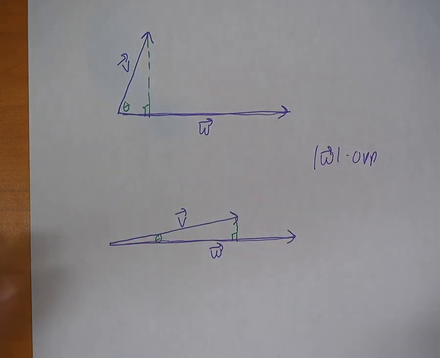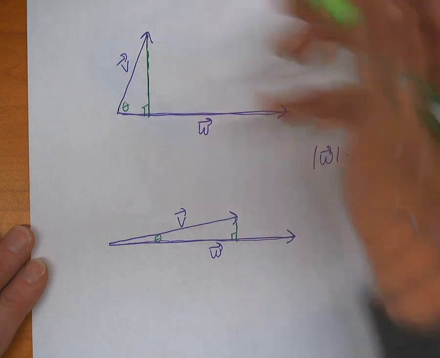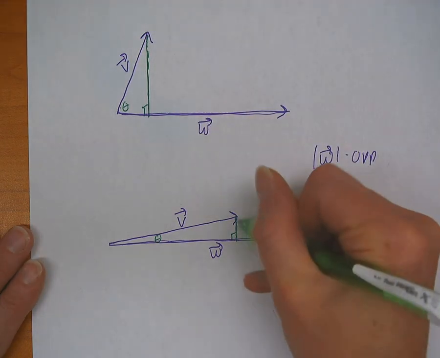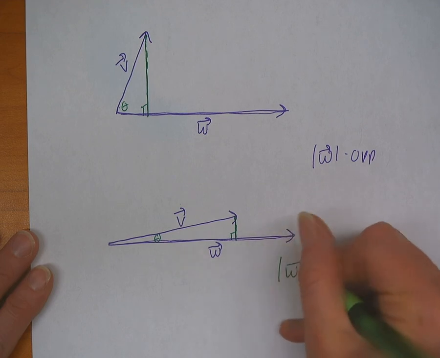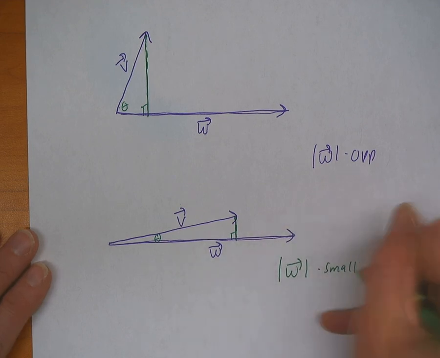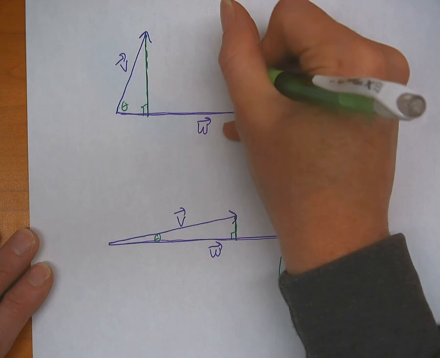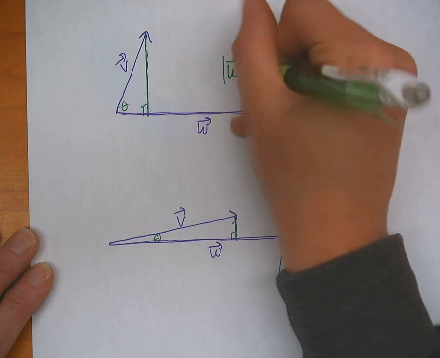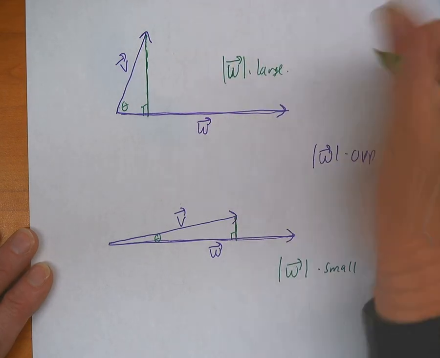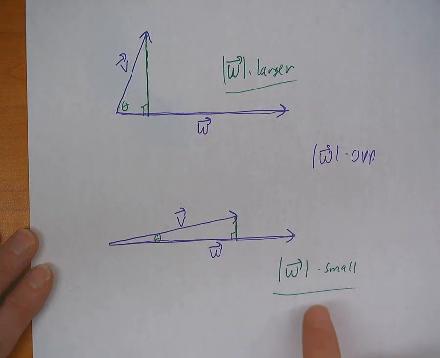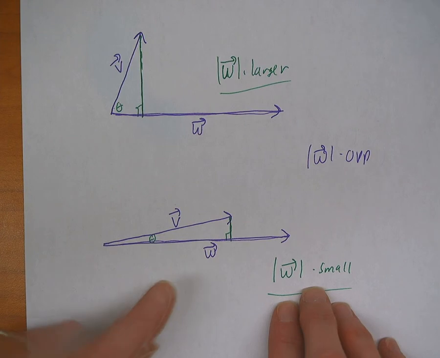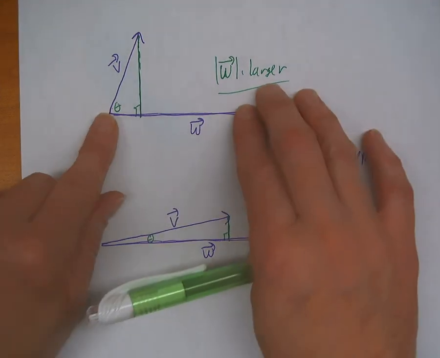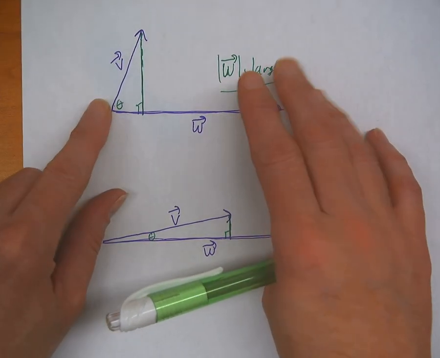The opposite here is a much larger value than the opposite here. So for this one, we have the magnitude of vector w times a small value. For this one, we have the magnitude of vector w times a larger value. So we end up with a smaller magnitude of our cross product for this, but a larger magnitude of our cross product for this.